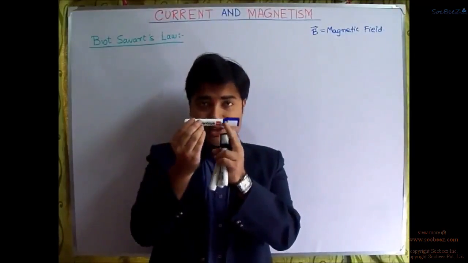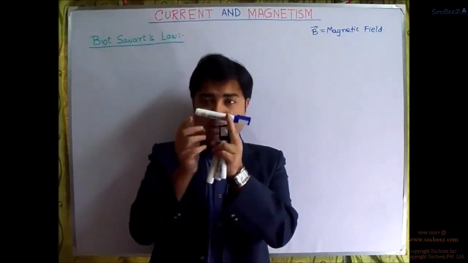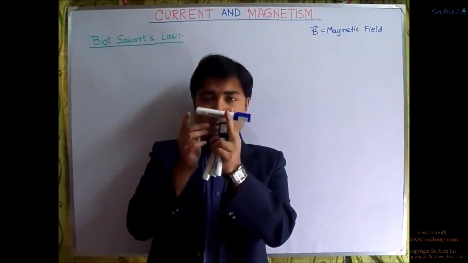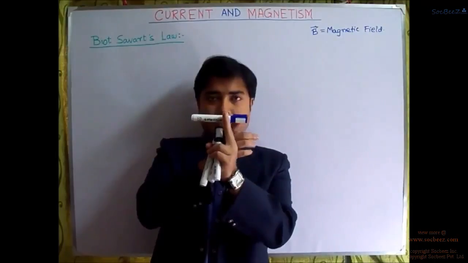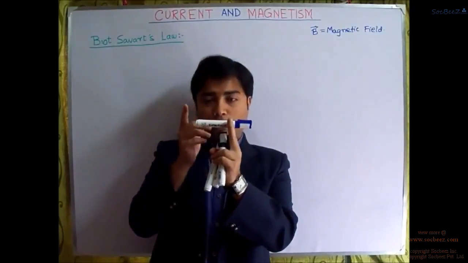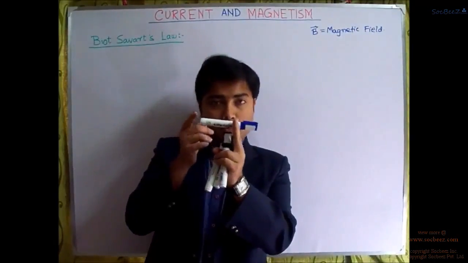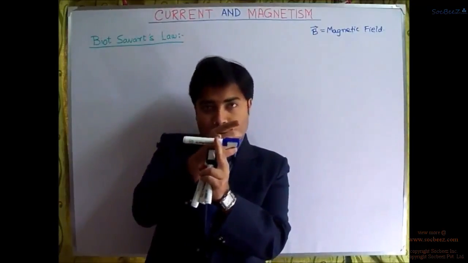But inside the bar magnet, the direction of the flow of the magnetic lines of force will be from the south pole to the north pole.